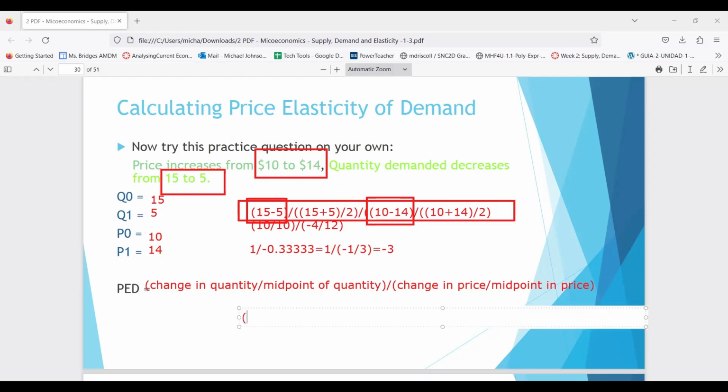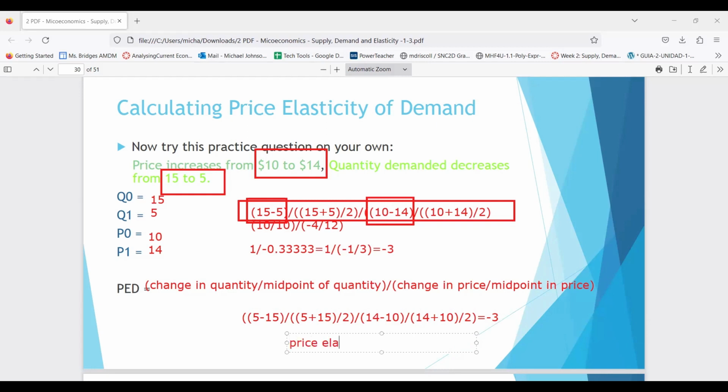So if you did it the opposite, 5 minus 15 divided by 5 plus 15 divided by 2, and then divide that by 14 minus 10 divided by 14 plus 10 divided by 2, you get the same answer. So it'd be -3. It doesn't matter if you do it either way, it'll still be -3.